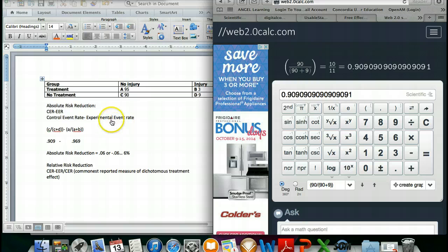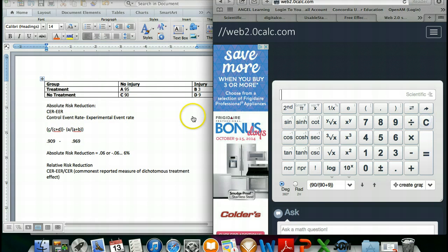Now we need to take the experimental event rate. The equation for that is A divided by A plus B. So A is 95 divided by 95 plus 3. And for that, the answer is 0.969.